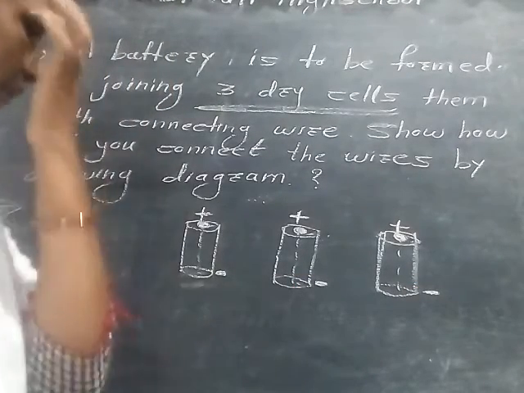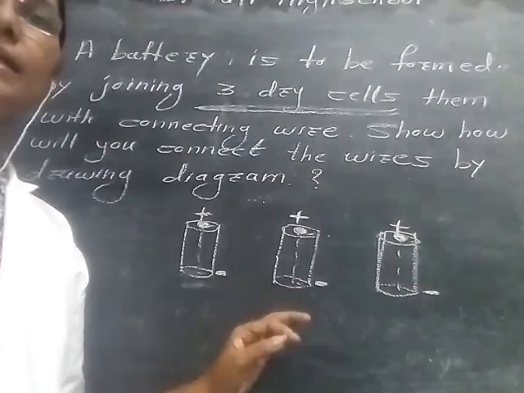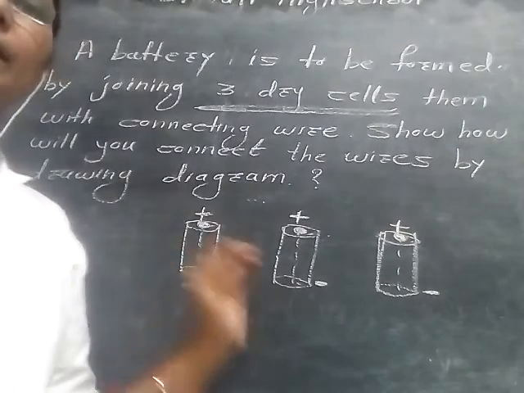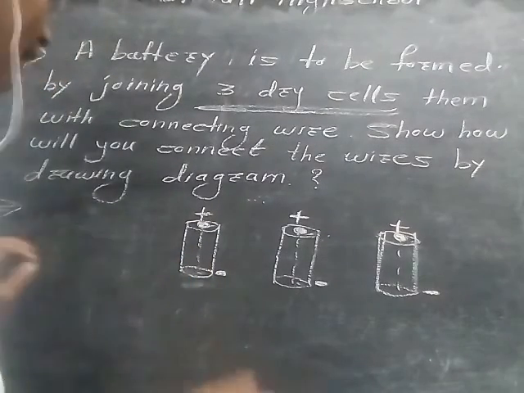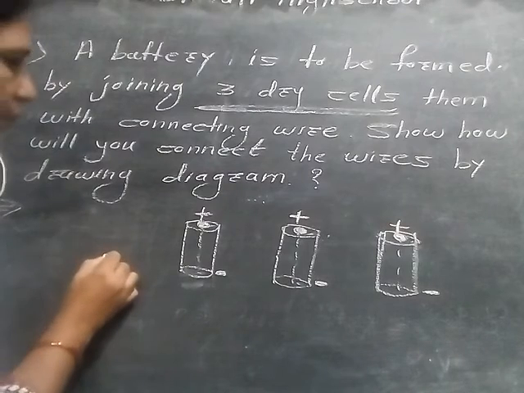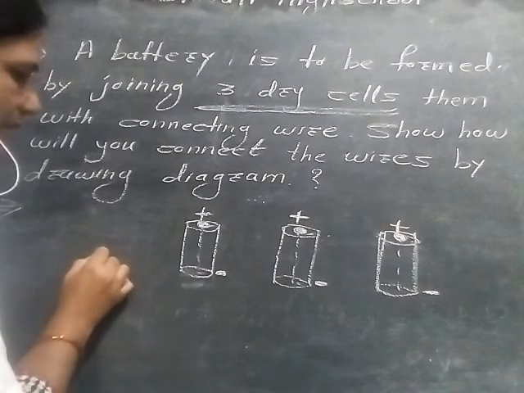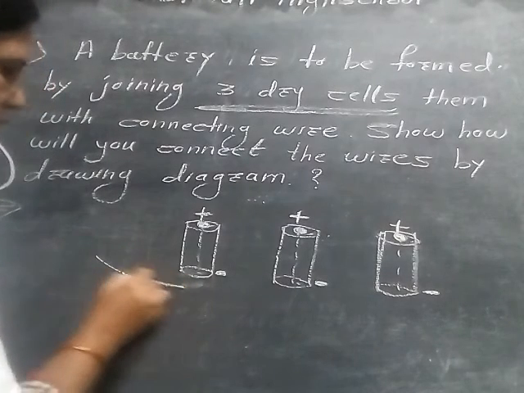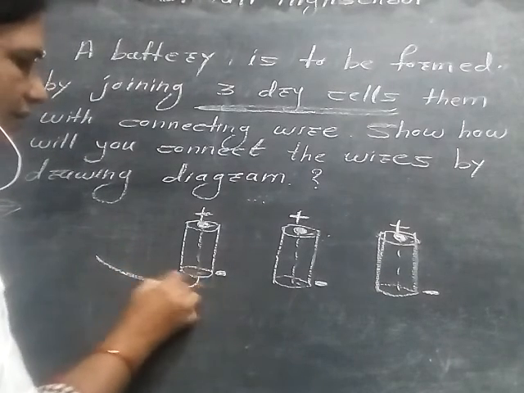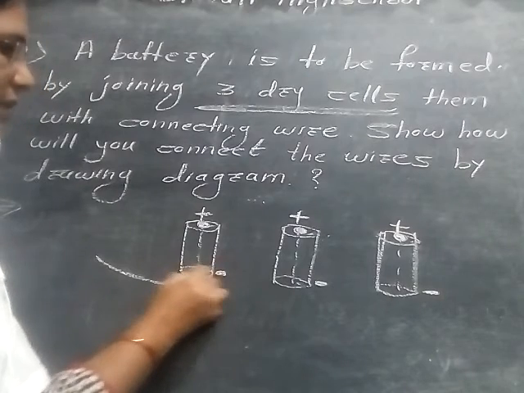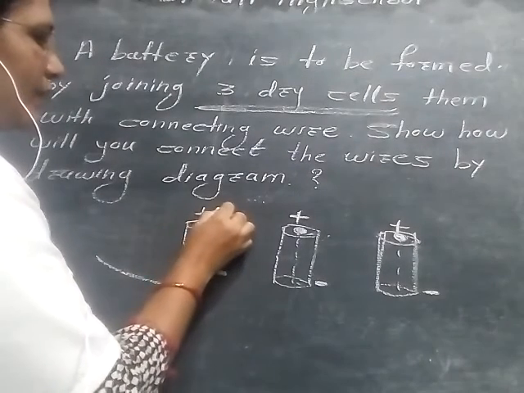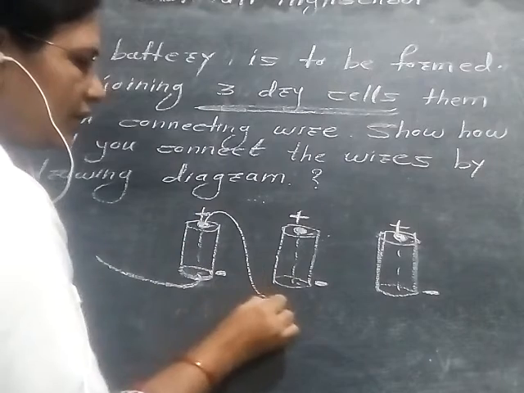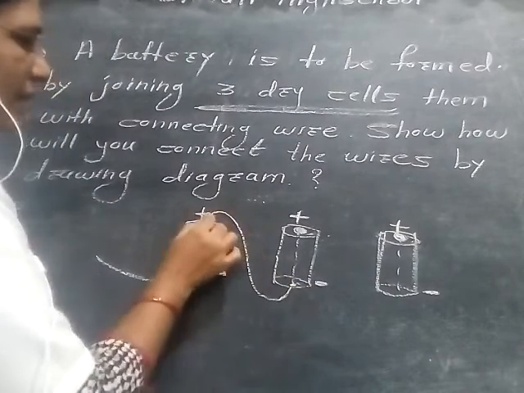Now we are going to connect these three dry cells. Take a connecting wire and put the connection in this manner. This wire is connected to the negative terminal of the cell, and from the positive terminal we connect the connecting wire to the negative terminal of the next cell.